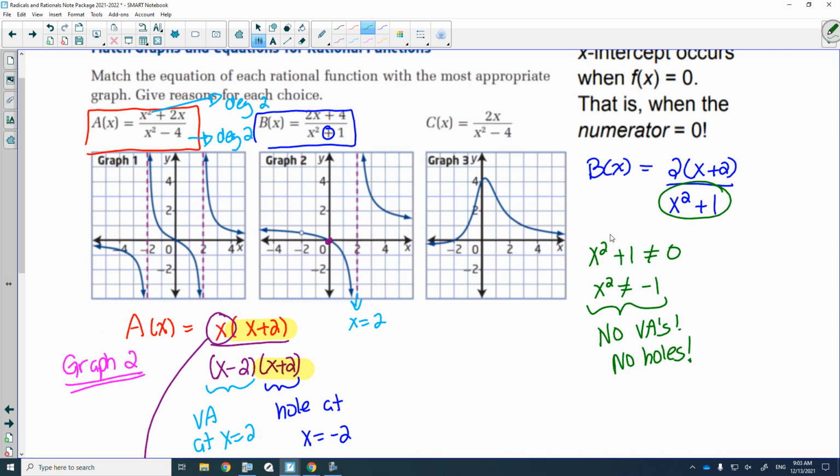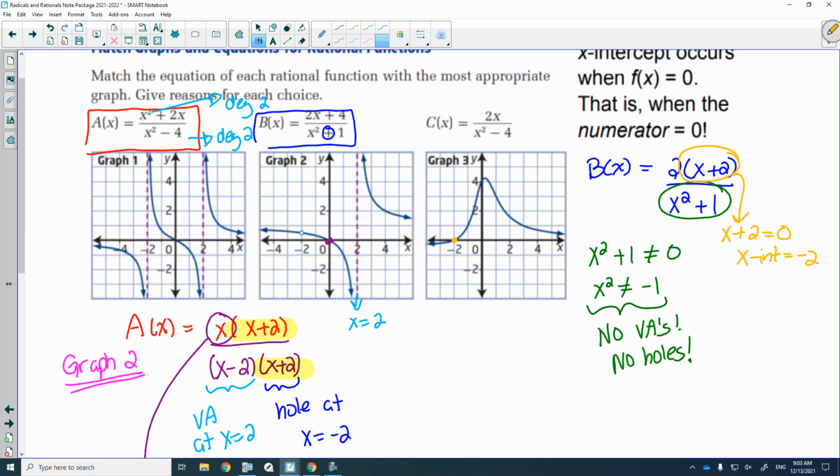If you have a remaining factor in the numerator, that gives you your x-intercept. So this is my remaining factor. X plus 2 is equal to 0. X-intercept is equal to -2, which is right here.